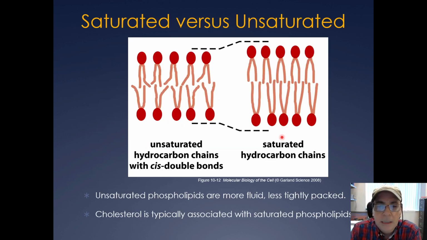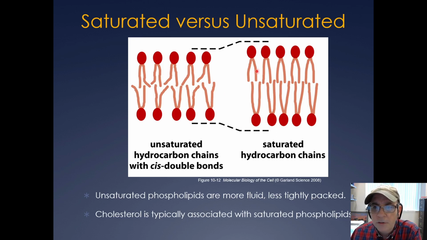Okay. Another thing that you need to think about is saturated versus unsaturated lipids. The unsaturated ones are going to have a kink, right? There'll be a double bond in them somewhere, and so they kick out. And this makes them shorter and more fluid. So they can move around a lot more. There's less packing.